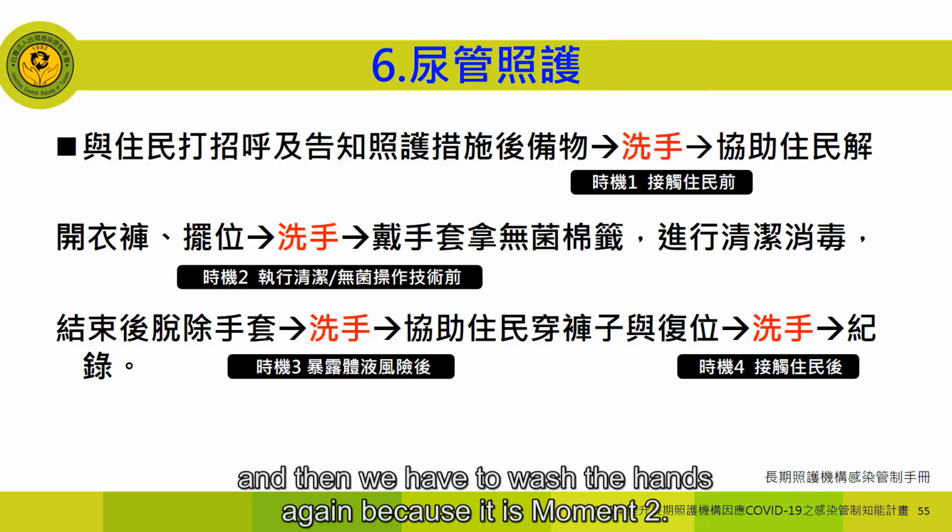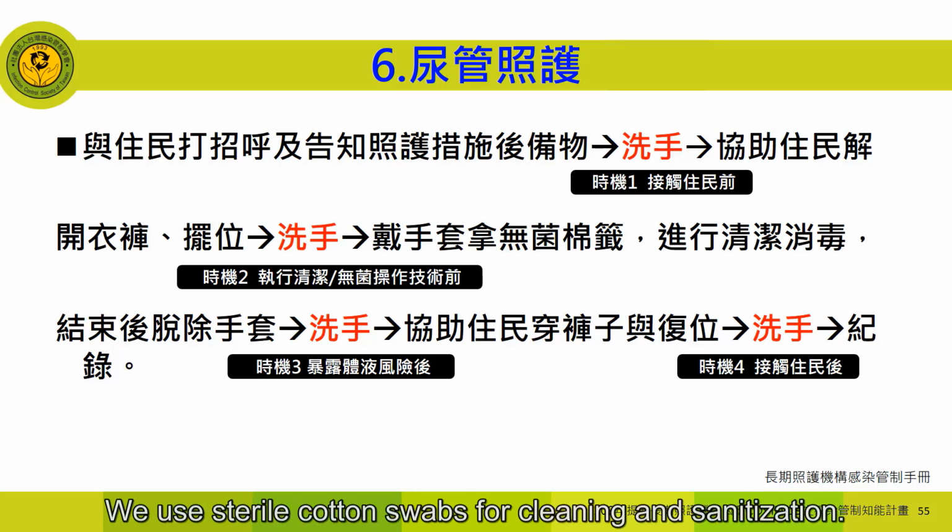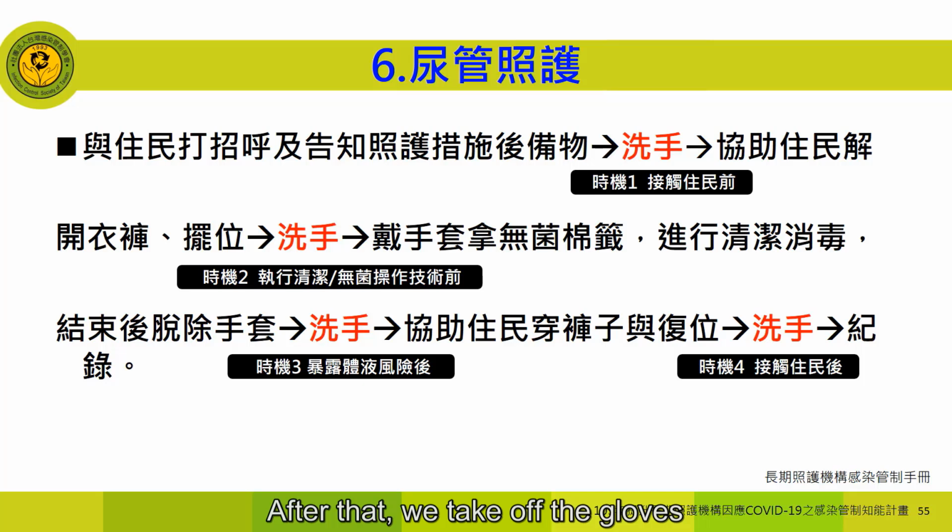And then we have to wash the hands again because it is moment 2. We use sterile cotton swabs for cleaning and sanitization. After that, we take off the gloves. And then wash our hands again. This is moment 3 after body fluid exposure.